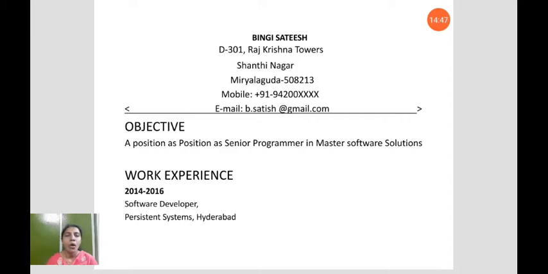After the objective, the column is work experience. This candidate has a work experience of nearly 3 years, 2014 to 16, let us take 14, 15 and 16. These are the years from where to where he has worked.